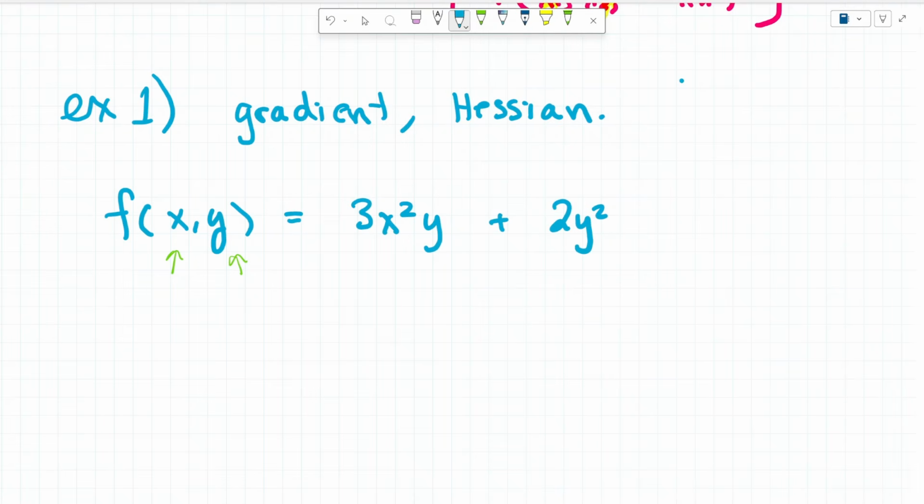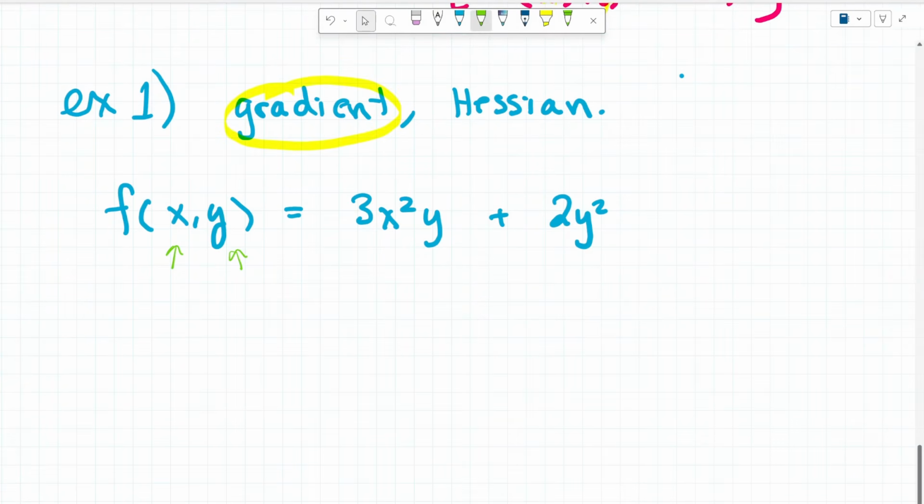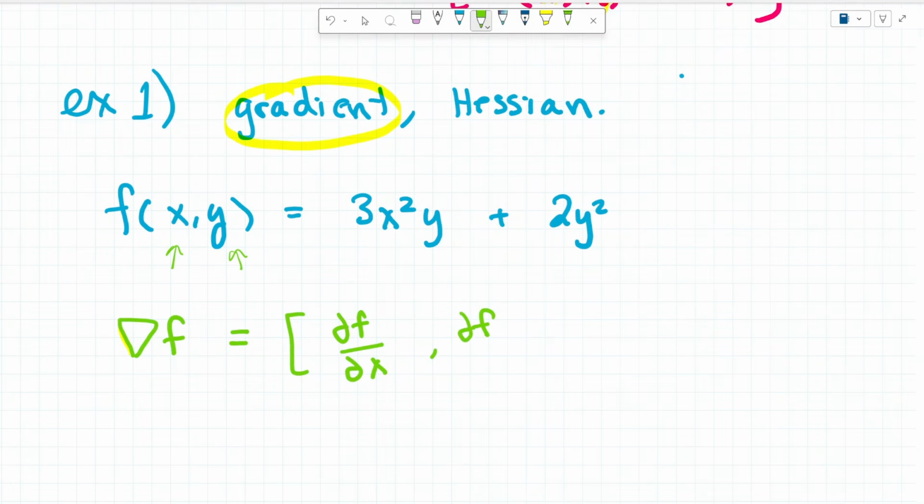So let's start off by solving for the gradient. Remember, the gradient is a collection of first partial derivatives. We're going to denote this as the upside down triangle of f, or grad f, and this equals our vector. Sometimes people represent it as a column or as a row vector, but we want to take our derivative first with respect to x, and then the partial derivative of f with respect to y.